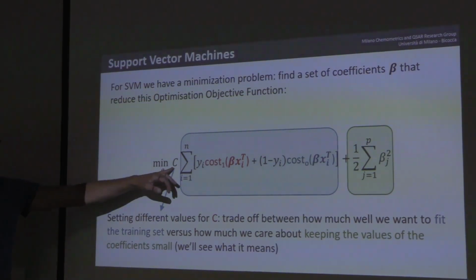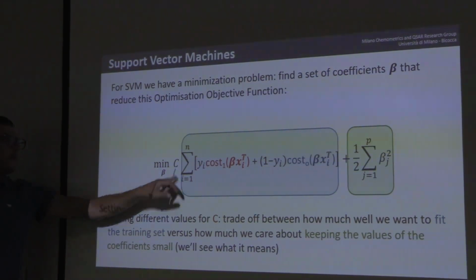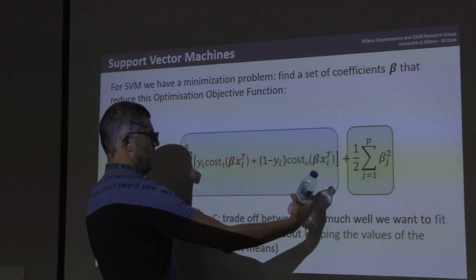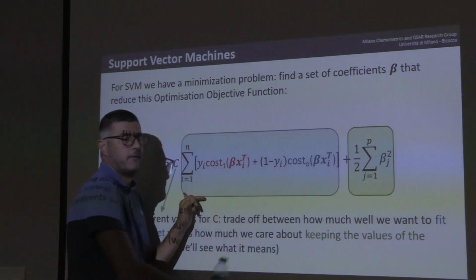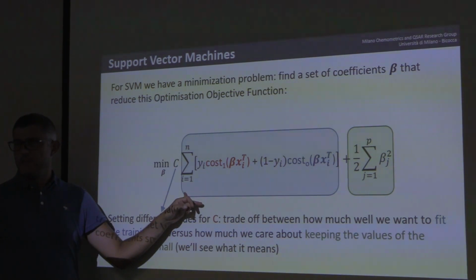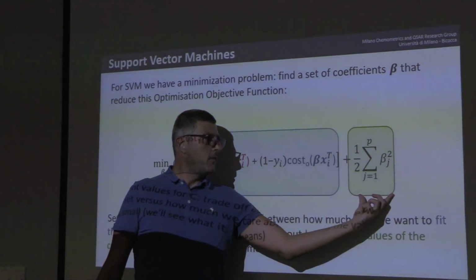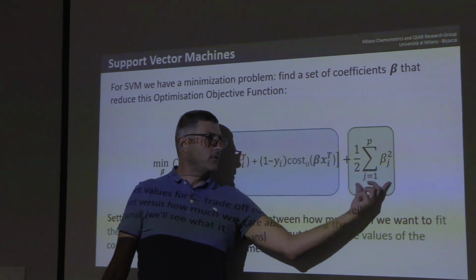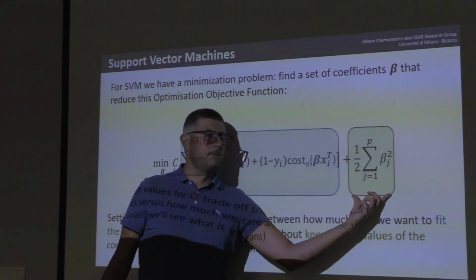It is this number, and it allows you to have a trade-off between this part of the optimization function and this one, related to the length of the coefficients vector.